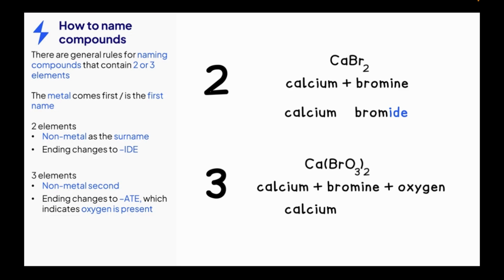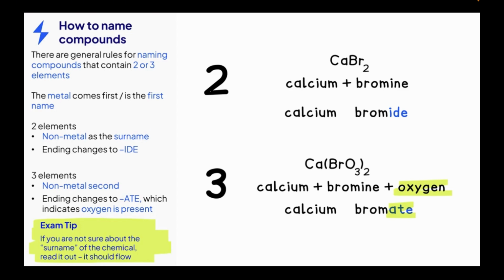But the oxygen needs to be considered. So, the element bromine changes to bromate to show that it is chemically bonded in a compound that includes oxygen. This means that CaBrO3 twice is calcium bromate. It can help to read the name out loud as it should flow. For example, "brominide" does not flow naturally, but "bromide" does.